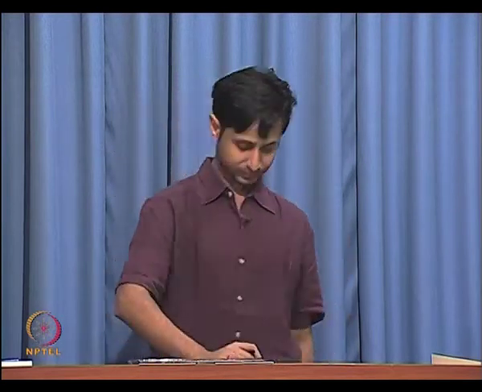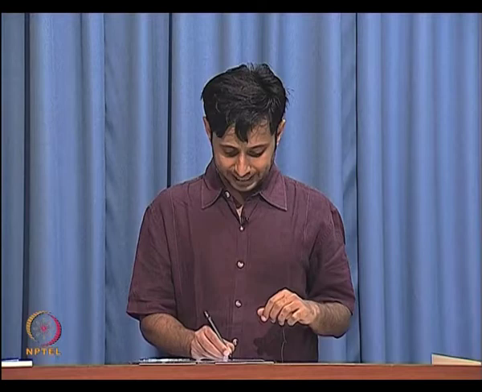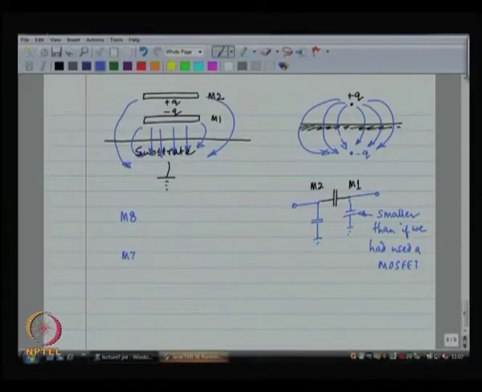So, in that case what else can you do? If you want to make a floating capacitor, what should you be doing? Yes, you should be using the top 2 metal layers, not the bottom metal layers. So, if your process offers 8 metal layers, you should be using metal 8 and metal 7 as your 2 plates of the capacitor.